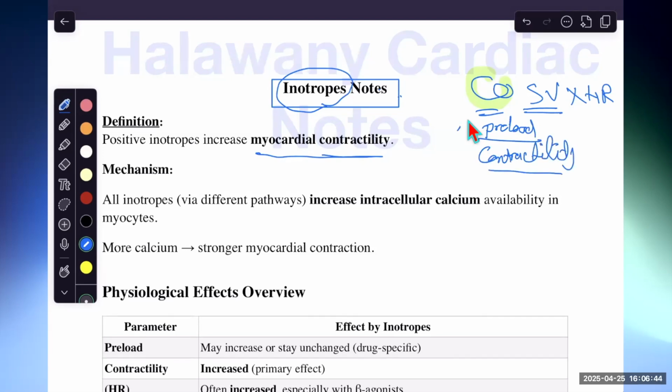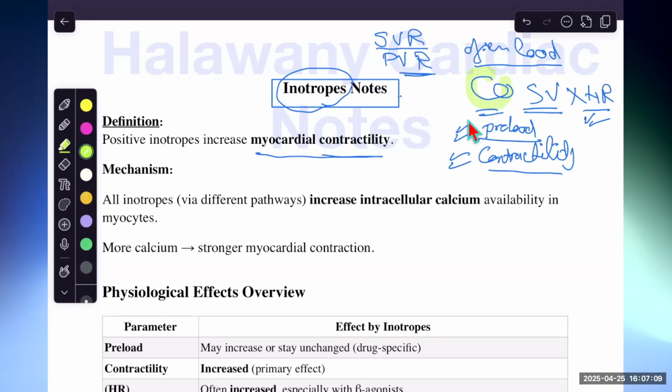Okay. So we have the preload, we have the contractility, we have the heart rate. And after, we have the afterload. And this afterload, if we are speaking systemic, it is the systemic vascular resistance. And if we are speaking about the RV side, it's the pulmonary vascular resistance.